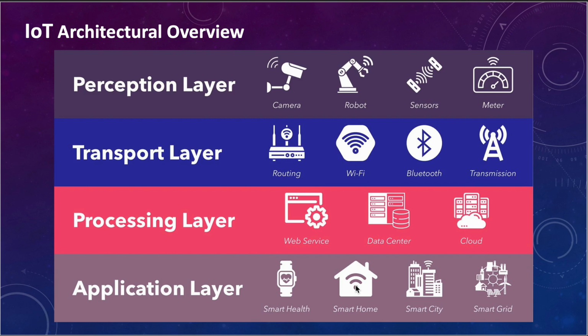So an IoT system would include these four layers, which we will generally call the architecture overview. And by building these four layers, we build an IoT system.